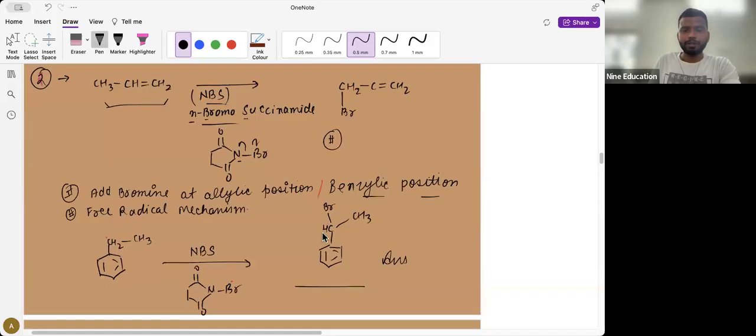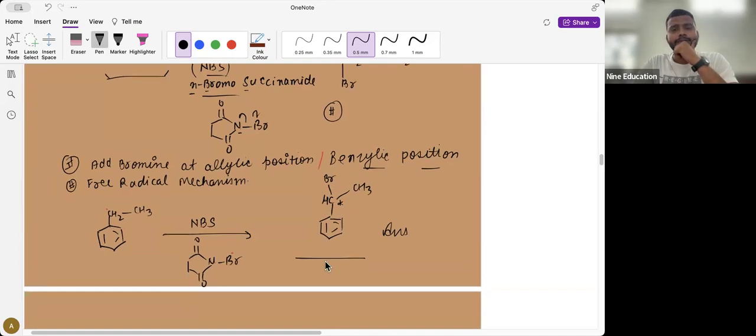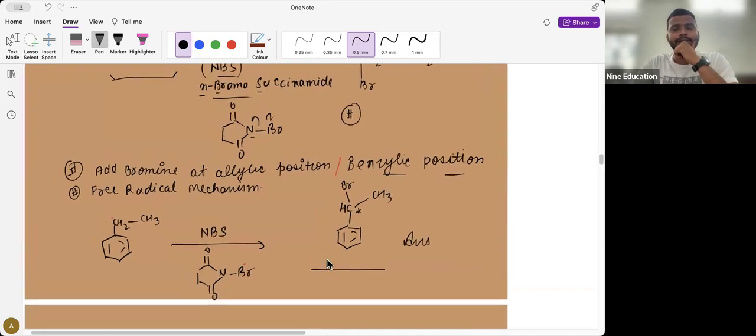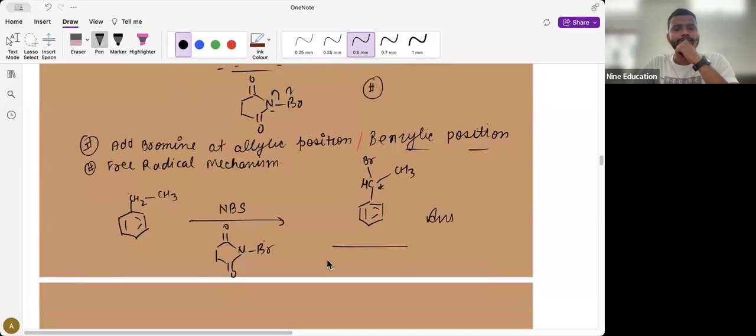Dekhen, and this carbon will be made a chiral carbon. Check from here. This carbon will be made a chiral carbon, all four groups different: hydrogen, bromine, CH3 and the phenyl group. You can write this bit in your note.